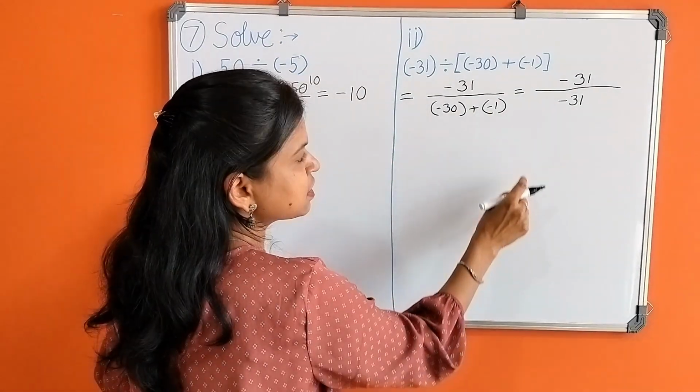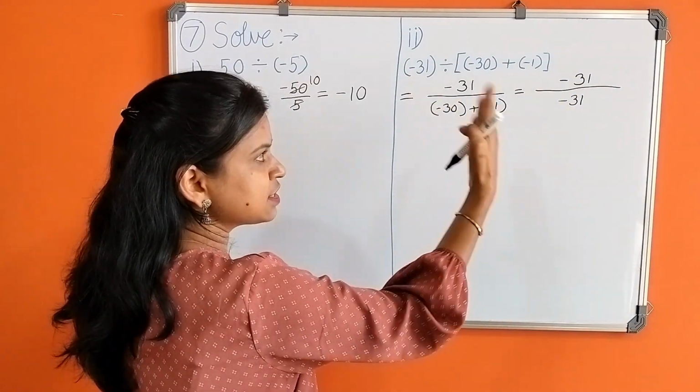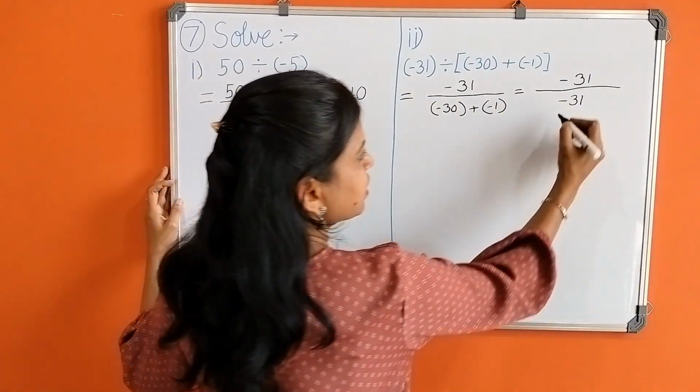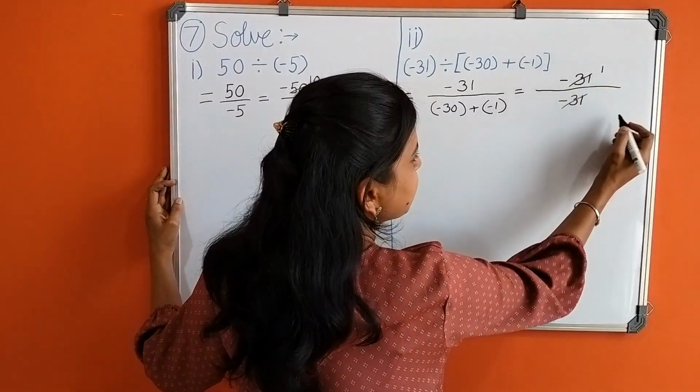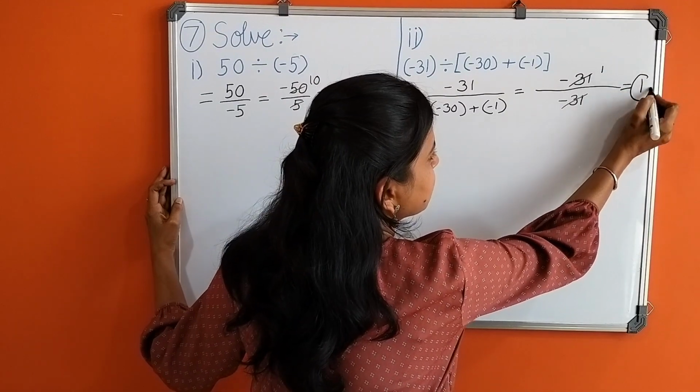Now, -31 upon -31: same number in numerator and denominator. They will cut each other. 31 ones are 31. So the answer will be 1.